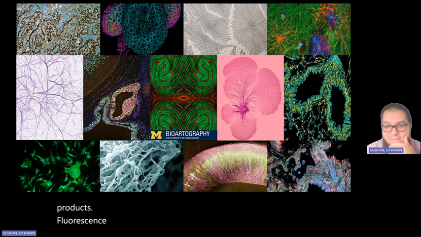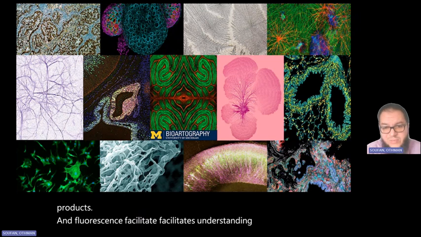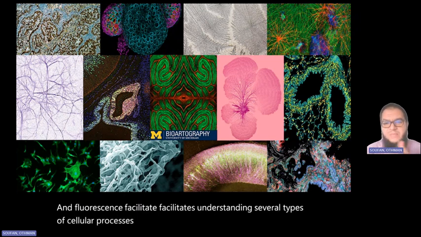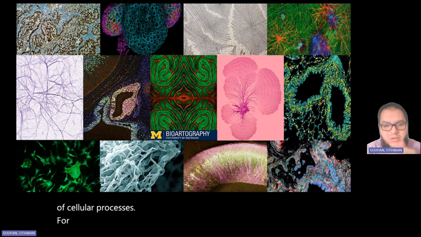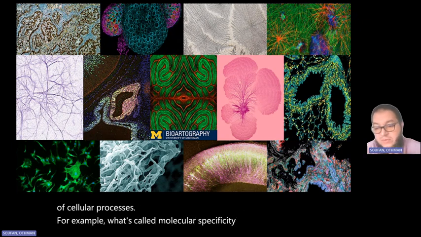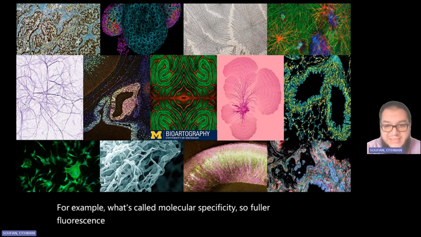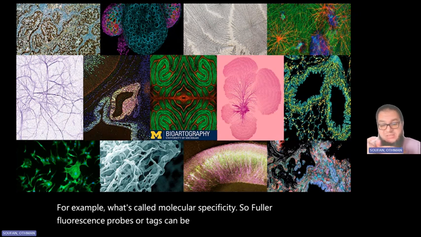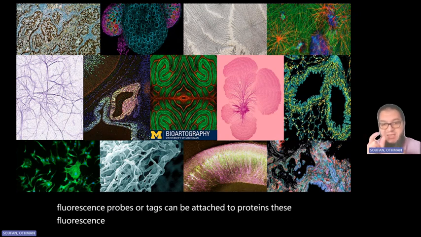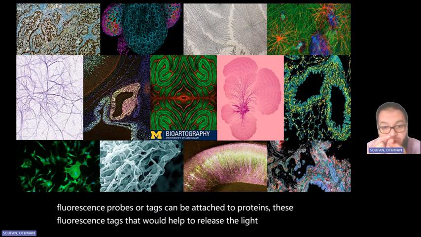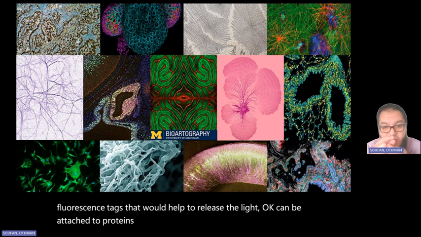Fluorescence facilitates understanding several types of cellular processes. For example, what's called molecular specificity. Fluorescence probes or tags can be attached to proteins. These fluorescence tags, which help release the light, can be attached to proteins, nucleic acids, or other biomolecules.